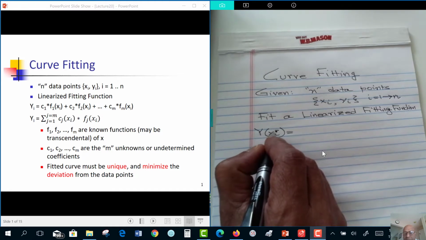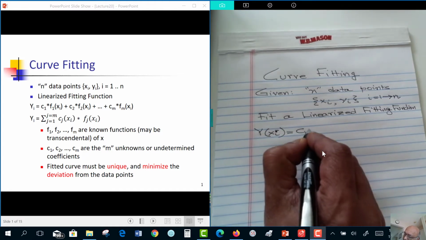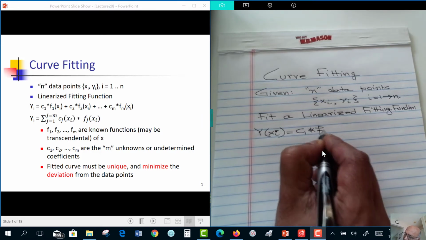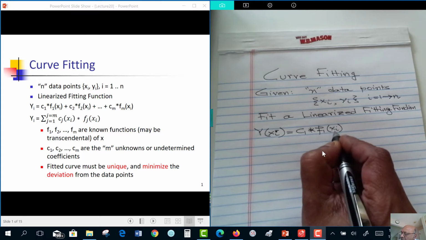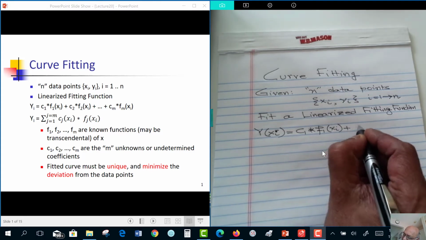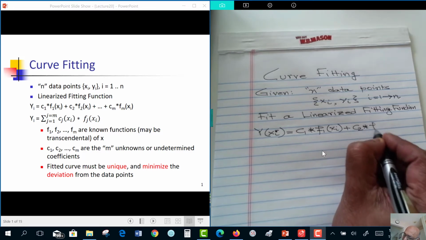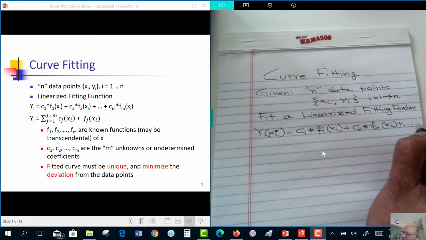We'll just make it a function of xi, which is c1 times some function f1 of xi. So once we know xi, we can evaluate this function times c2, another function, and so on.